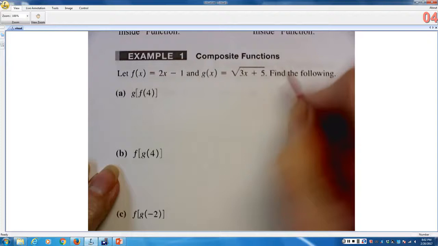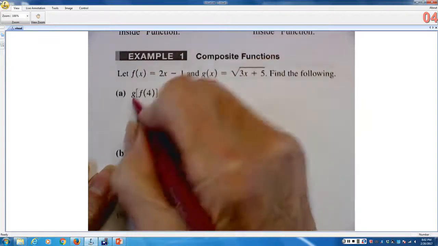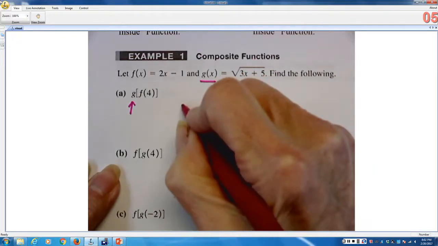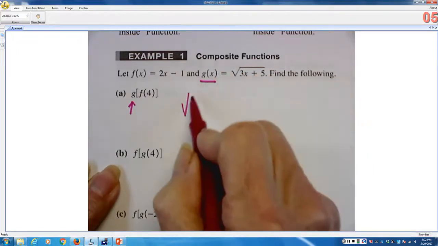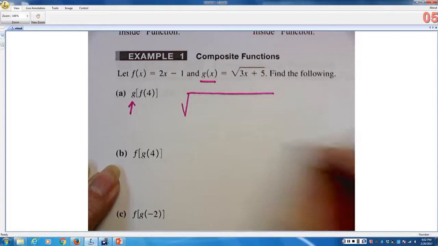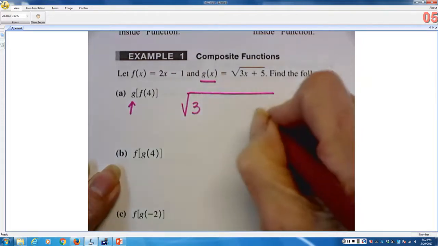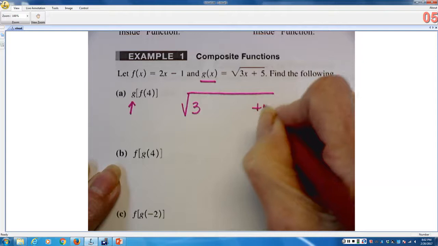Okay, this is g. g is on the outside. So g's job is to take a square root of 3 times whatever x is and add 5 to it.